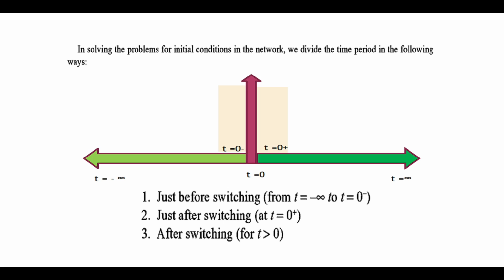If we know the circuit just before switching, we can determine the initial value at the switching instant. For example, in your day-to-day life, suppose you were working on a PC, your personal computer. Whenever you turn on the UPS, you suddenly see a slight flickering in your CPU, right? That flickering is nothing but the initial condition.